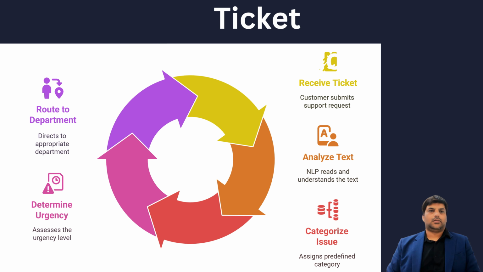Whenever a customer submits a support request via email, chatbot, or ticketing system, the message typically contains a short description of the issue or problem. Before the company can respond, they need to understand what category the issue falls under, for example, billing, technical, returns.